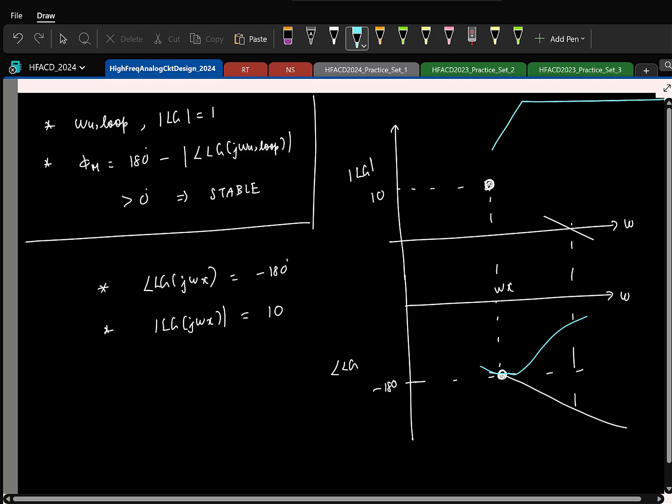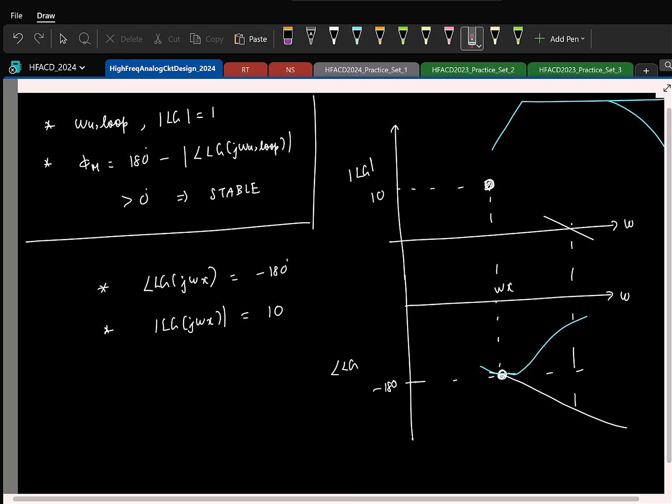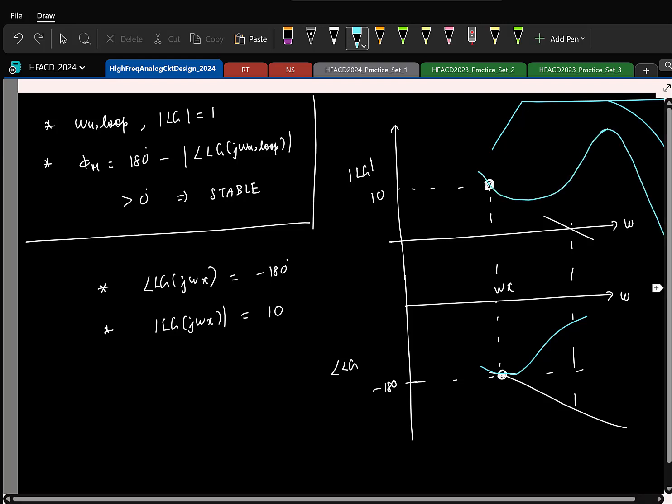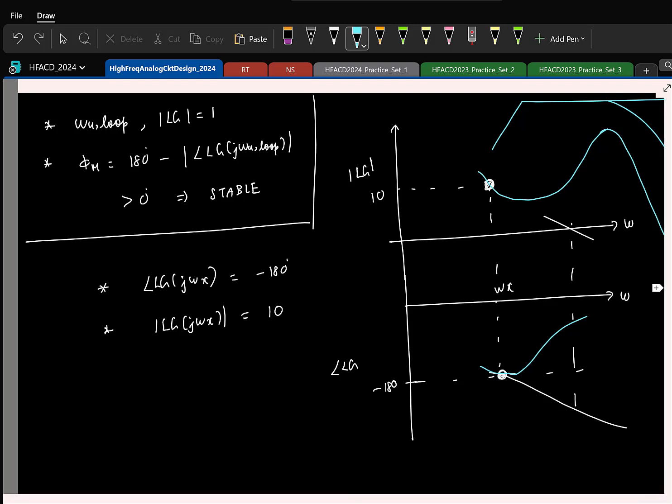You can't have a system having unity or some constant gain across infinite frequencies. At some high frequency it will drop. And for stability, you just need to check the phase when it drops to unity. For example, it can so happen that it does this and then goes up, but eventually it will come down. Wherever it comes down and drops to unity is where you have to check the phase.